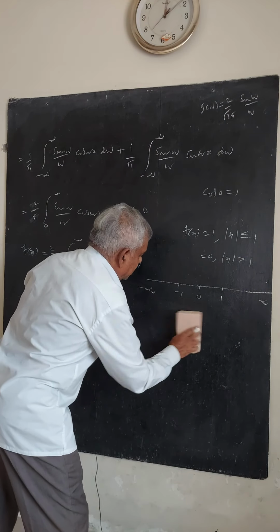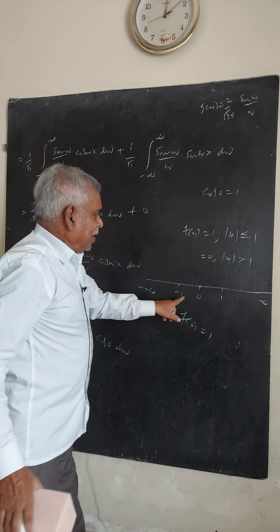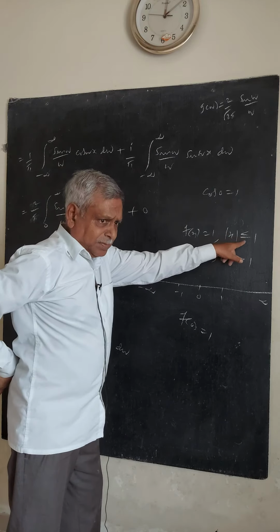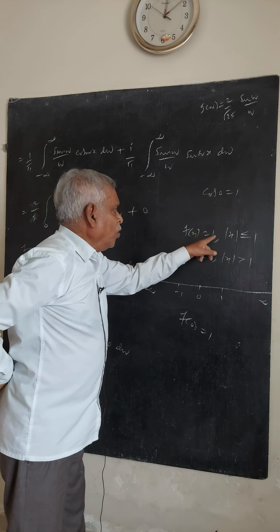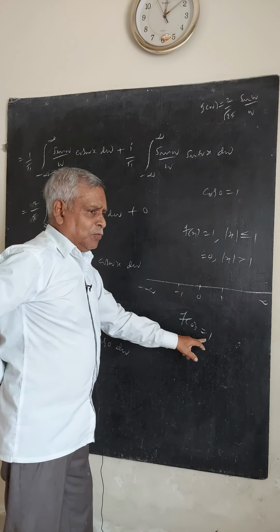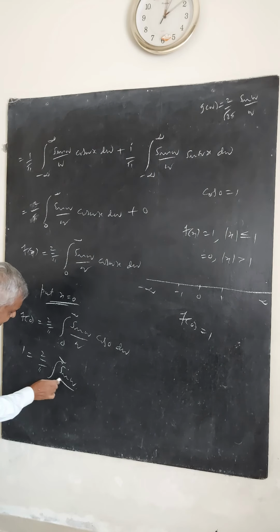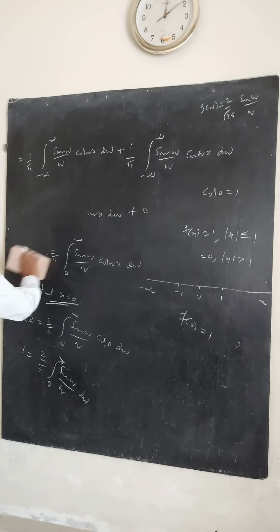F of 0 equal to 1. Whatever the number in minus 1 to 1 may be, if you put it, it will always be 1. If you take x equal to half, also 1. Whatever the number inside minus 1 to 1, the result is 1. Therefore, f of 0 is 1: 2 by pi, 0 to infinity, sin omega by omega d omega, as cos 0 is 1.